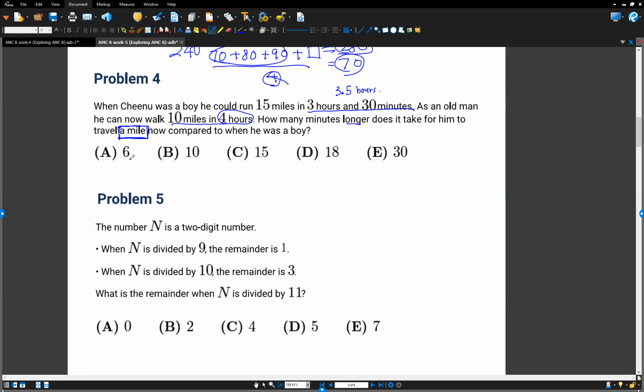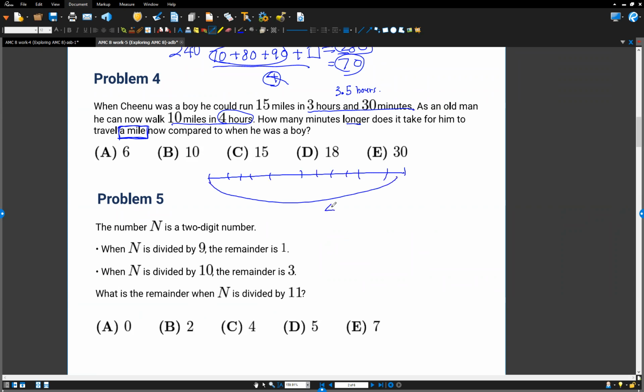So we're going to find it. Now he's old. 10 miles per hour. 1 mile is how many hours? 10 miles per hour. 1 mile, how many? Anybody can give the hours? This is 10 miles. 1, 2, 3, 4, 5. 1, 2, 3, 4, 5.